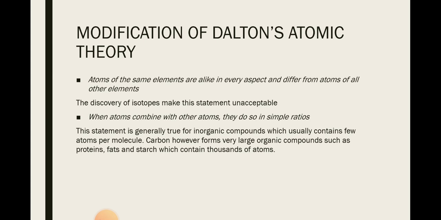So that statement is partially true. It is true for inorganic compounds, but not for organic compounds, because they are able to form very large molecules that contain thousands and thousands of atoms.